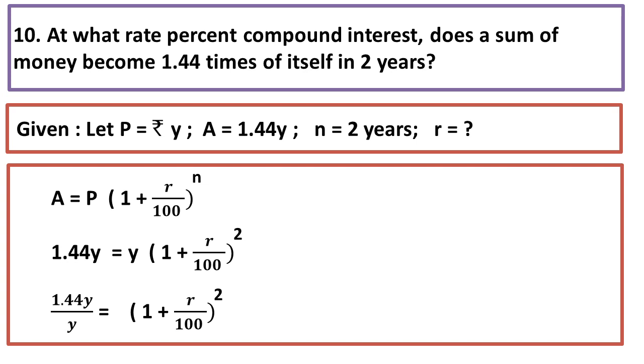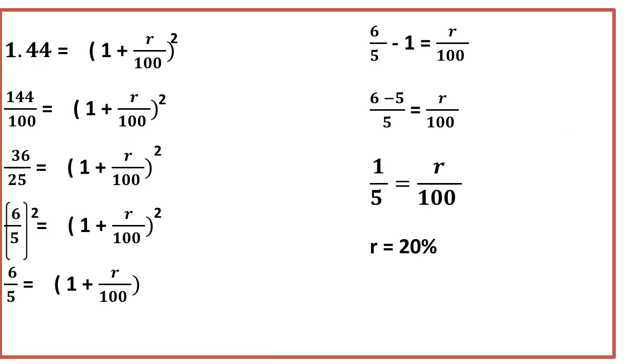In the next step, transfer Y to the left hand side. It results as 1.44 Y by Y is equal to 1 plus R by 100 to the power 2. Y and Y gets cancelled. It results as 1.44 is equal to 1 plus R by 100 to the power 2.